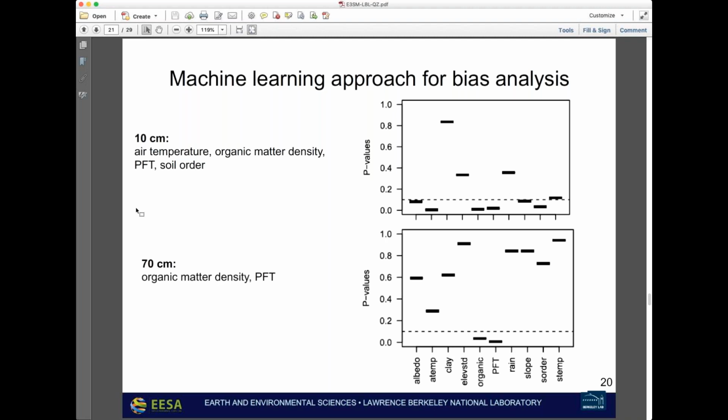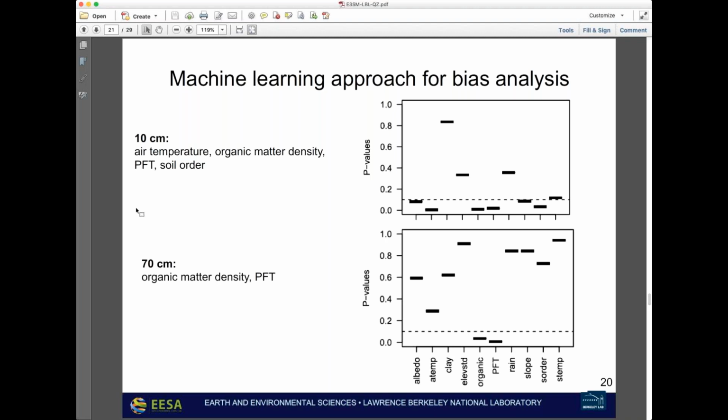At 10 centimeters, that's the topsoil or shallow soil layer, we have air temperature, organic matter density, plant functional type, and soil order as major contributors to the bias. But at deeper layers, 70 centimeters and also 1 meter, I didn't show the 1 meter depth, but it's consistent, environmental factors like temperature don't play a role. Plant functional type and organic matter density mainly control the bias at depth.